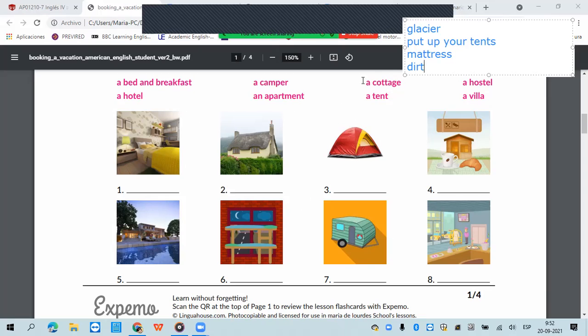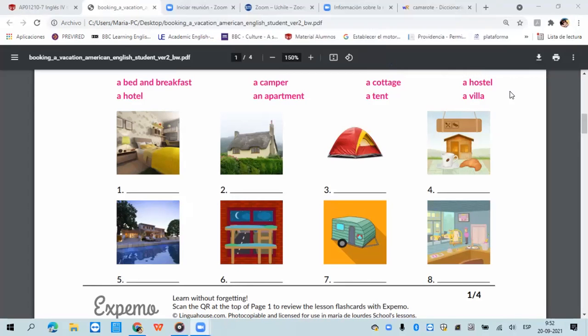A cottage would be equivalent to what in Spanish in Chile we call una cabaña, una casa en la playa. All those, I mean, the two words would be translated as a cottage. Do you have any experience of staying in a cottage? Okay, no other experiences.